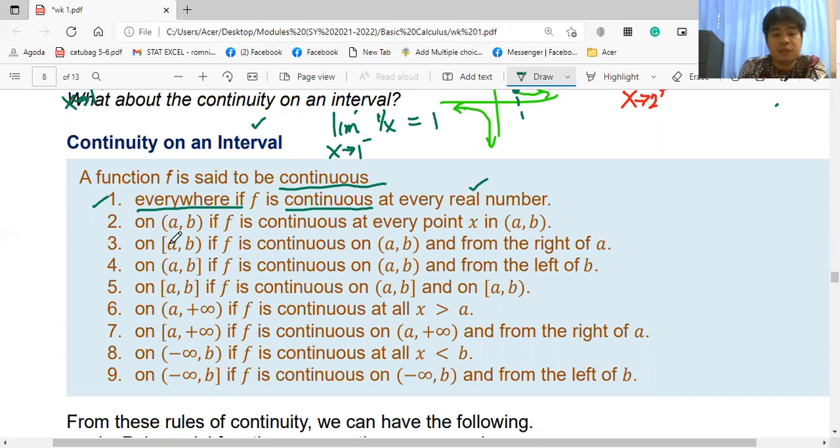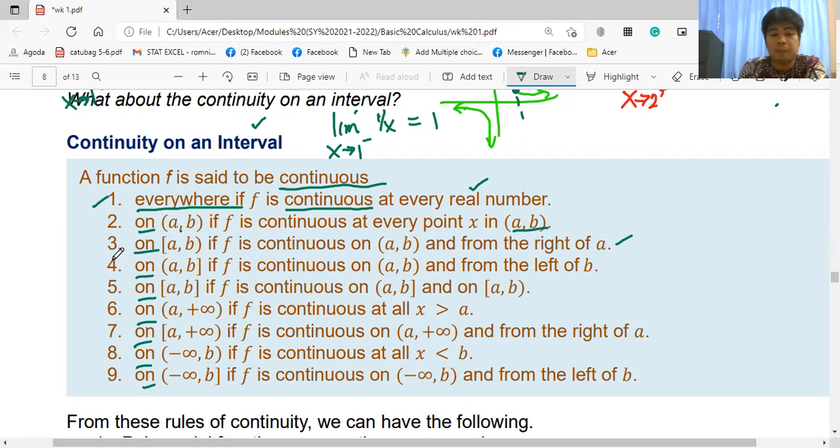It is continuous on the interval between A to B if f is continuous at every point x in A to B. Continuous din siya on, take note of this term on, the interval from A to B if f is continuous on the interval between A to B and from the right of A. Right of A. Okay?